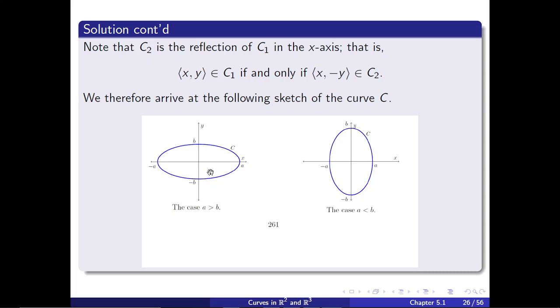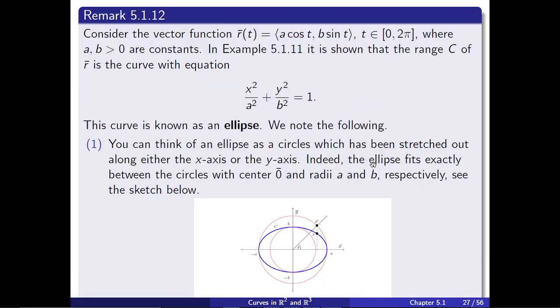So those are the two cases that we get, depending on a being greater than b or a being less than b. And if a is equal to b, then we have got a circle, because they have to be the same distance from there to there and from there to there, right?